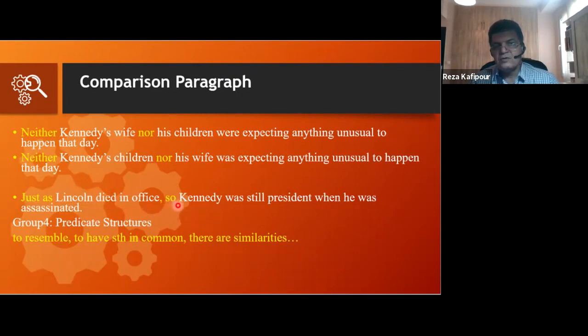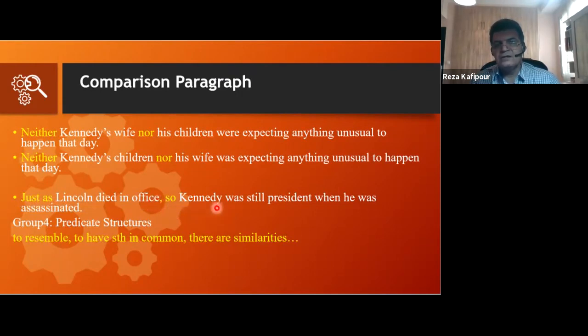After the comma, so, we should say that Kennedy also died in office, but by rewording the idea, rephrasing the idea, using new words to show or imply the same meaning. So as you see here, we said, just as, comma, so is the structure.